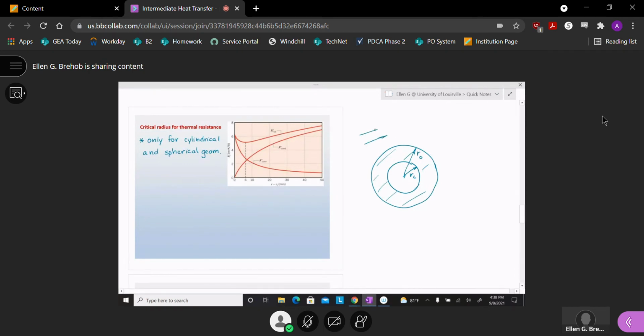And I'm going to have convection over this outer tube.